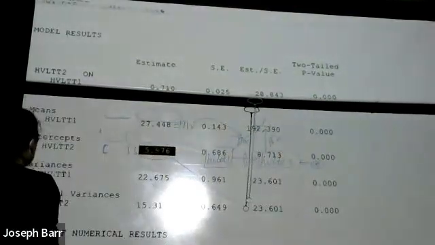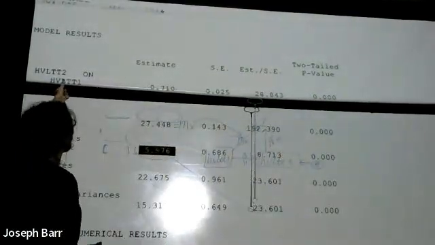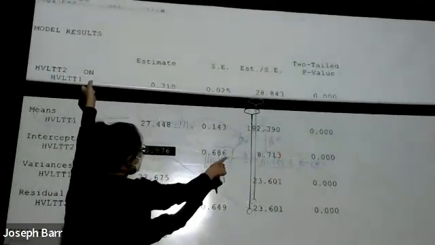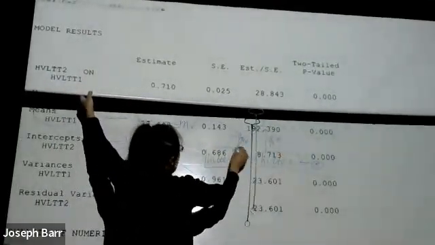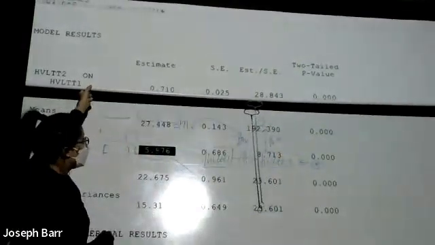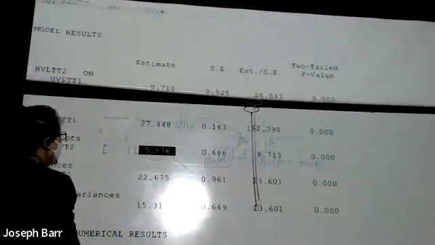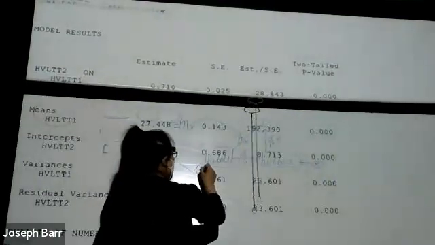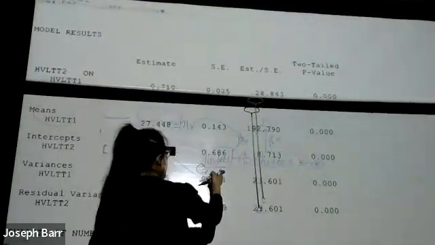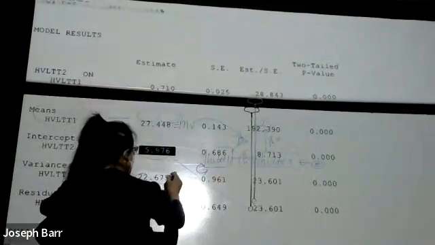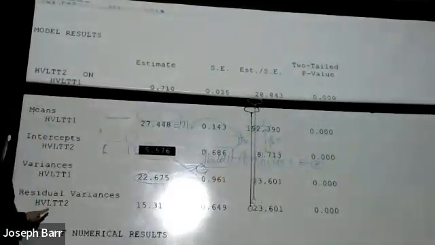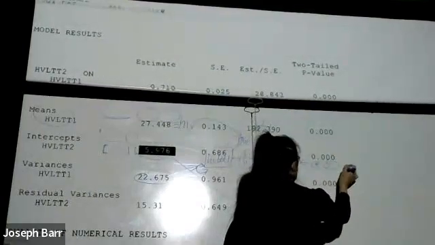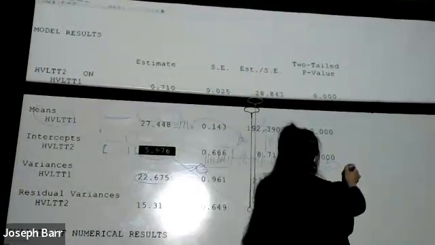Intercept. And the coefficient, this is the coefficient beta 1. HVLTT2 on HVLTT1, this beta 1 is 0.7103. And of course, we have some variance. We have the variance of HVLTT1, and the residual variance here, 15 point some.